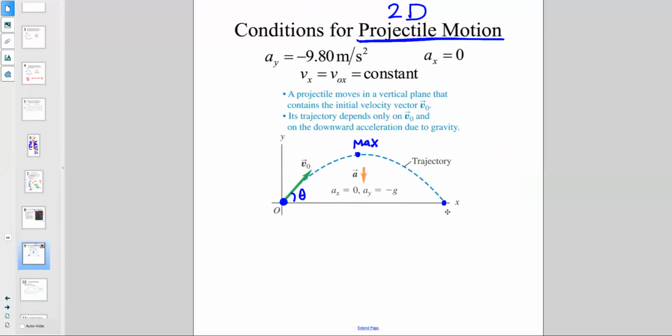We can analyze this, we can break this apart into two motions. One along x and one along y.